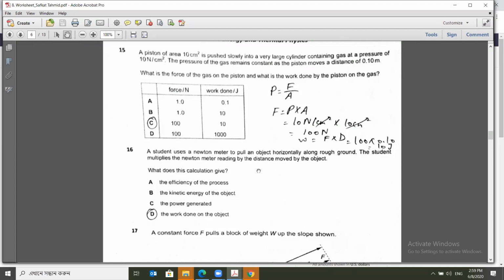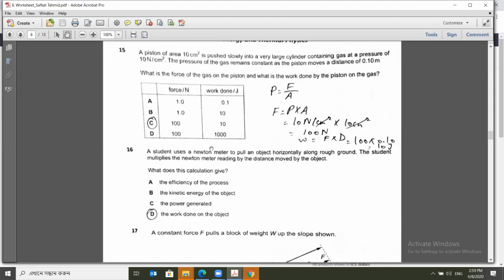Nubrat, look, they are saying Newton meter. How the clues are given in the question. Newton meter means the meter which measures Newton. Newton is the unit of force, right? So we are measuring the force using this Newton meter.